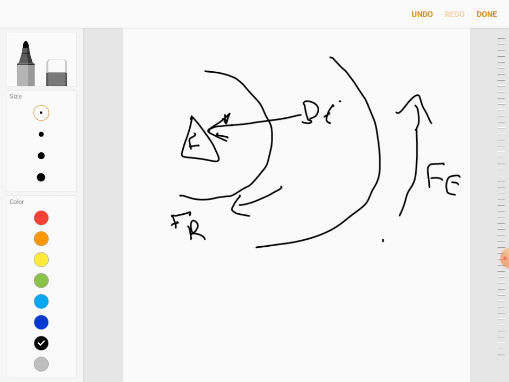And then this segment is the resistance distance. And so that is a wheel-driven one, because the wheel is what's making it happen.